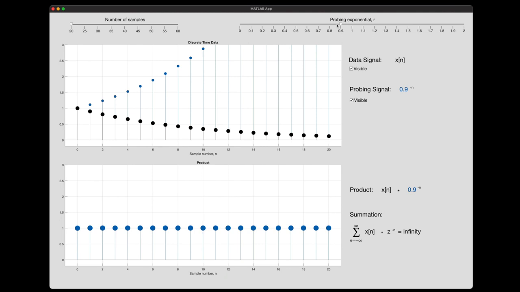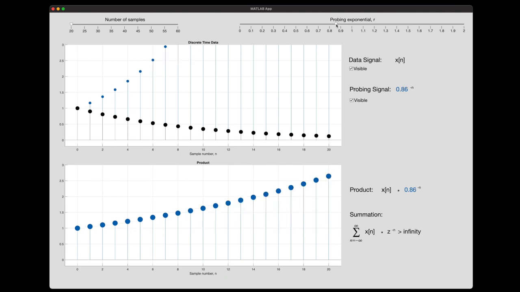So this region of convergence is important because outside of the region, the results don't make any sense. And this becomes an issue if we want to take the Z-transform of finite discrete data. If we only have finite data, then the summation will always converge, except maybe at z equals 0 and z equals infinity.